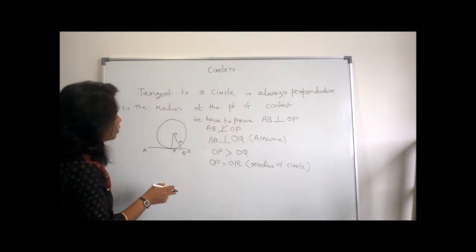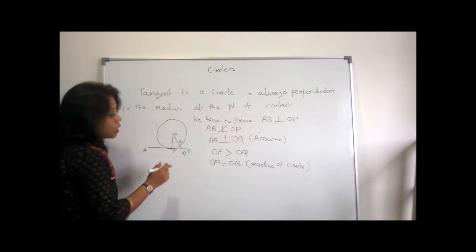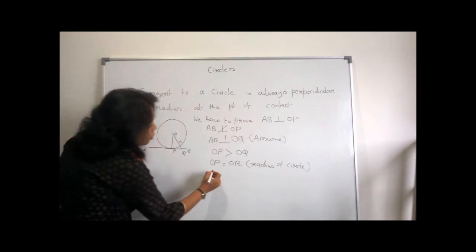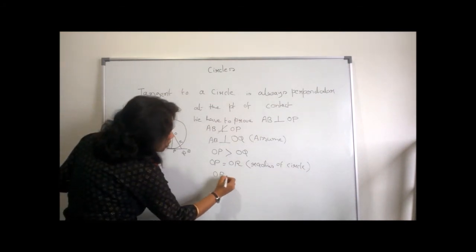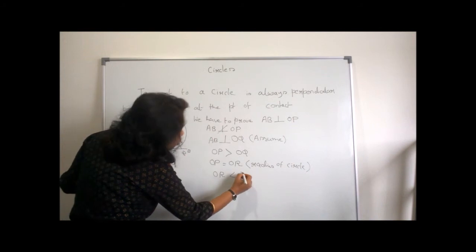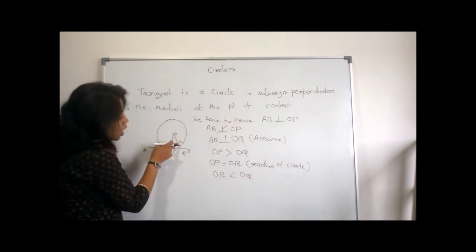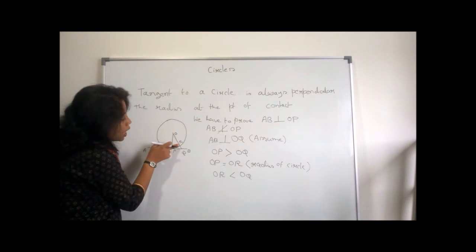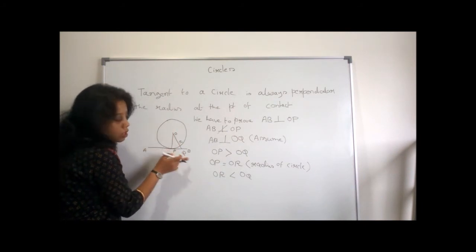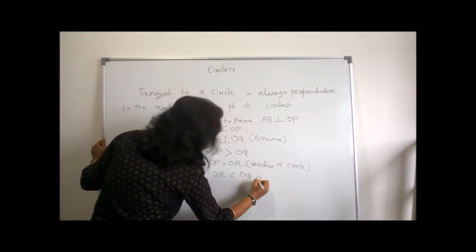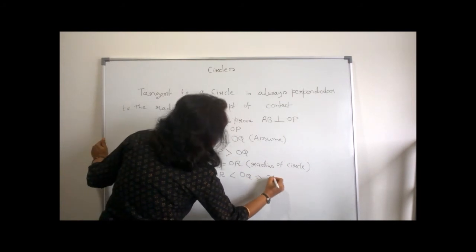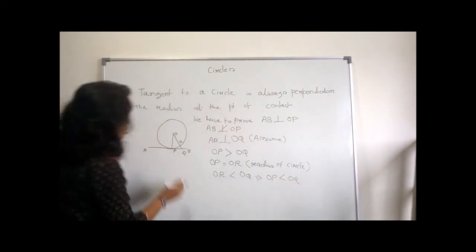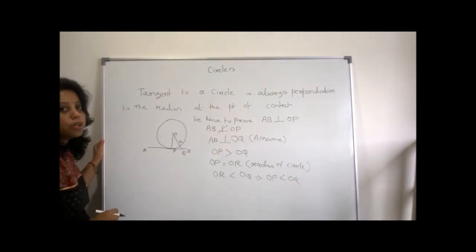R is a point between O and Q, so OR is less than OQ. So we can say that OP is less than OQ.